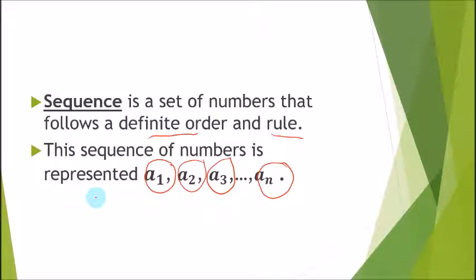Ang kaning mga numbers nga imong makit-an sa imong sequence, mao ni atong gitawag nga terms. Now, you can also find 3 dots here. This means that there are numbers in between the numbers. Okay? So, mao ni atong gitawag nga ellipsis.